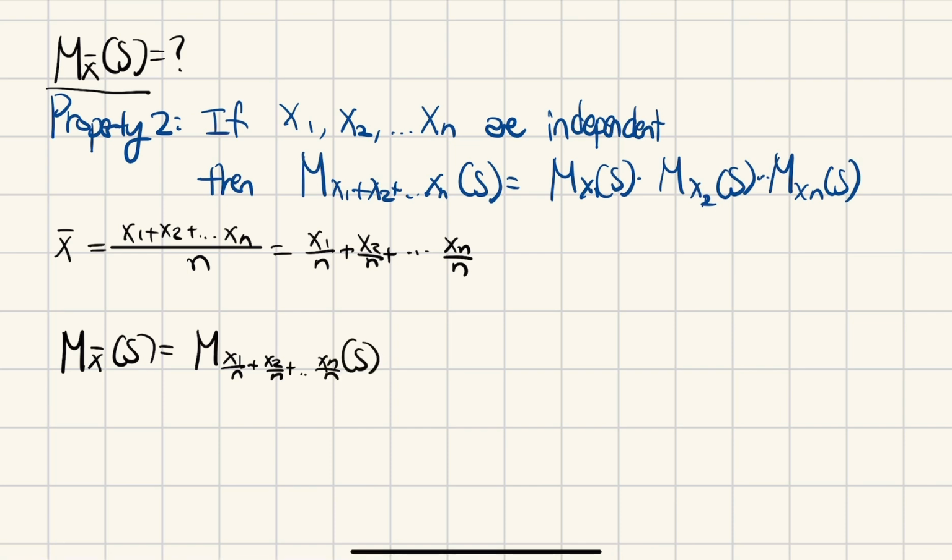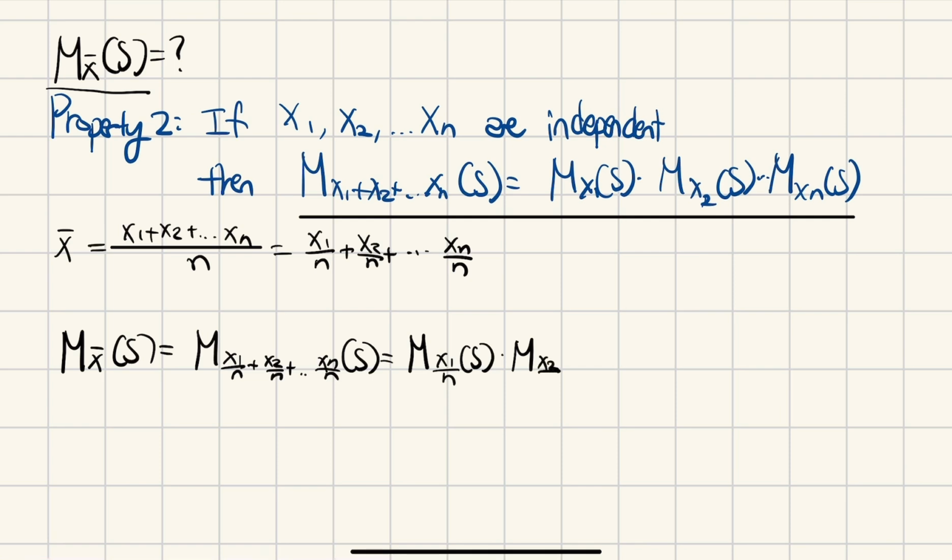From this property, it equals the moment generating function of x1 over n multiplied by the moment generating function of x2 over n, all the way until the moment generating function of xn over n.